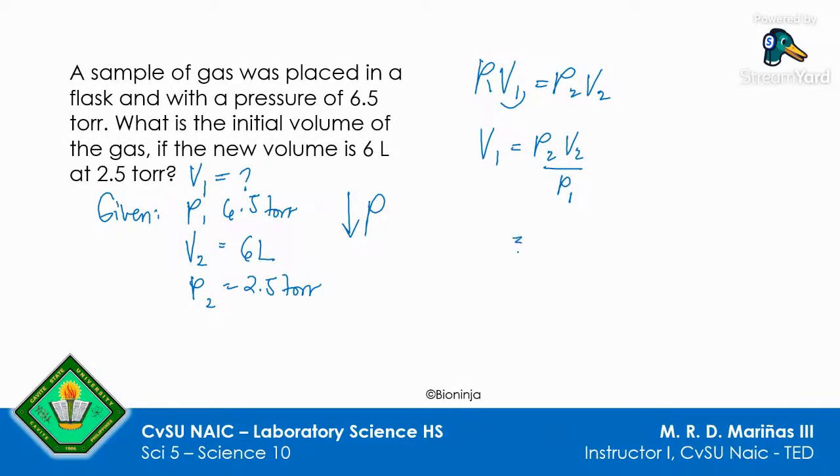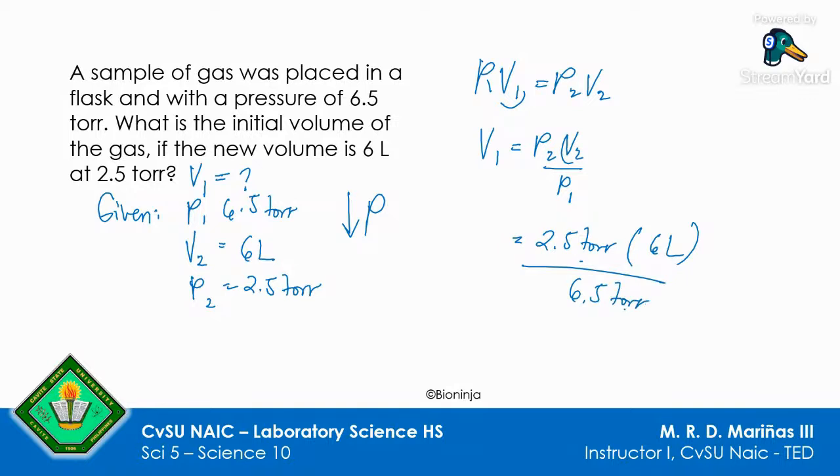So substituting the values, P2, which is 2.5 torr, times V2, which is 6 liters, over P1, which is 6.5 torr.